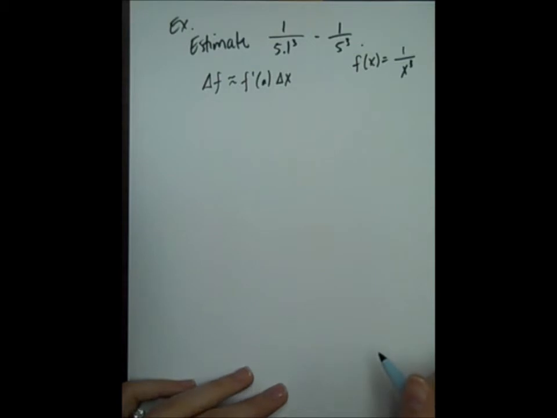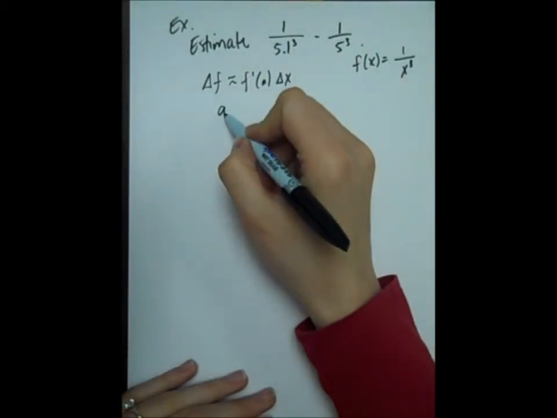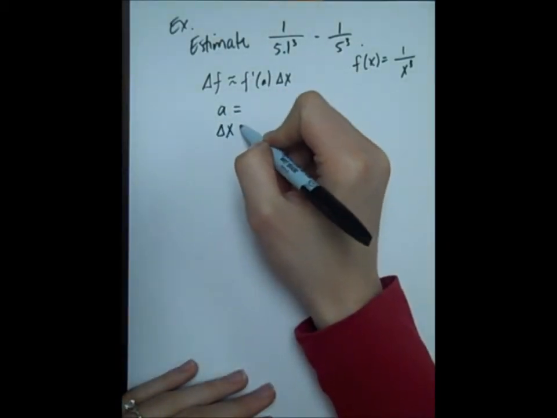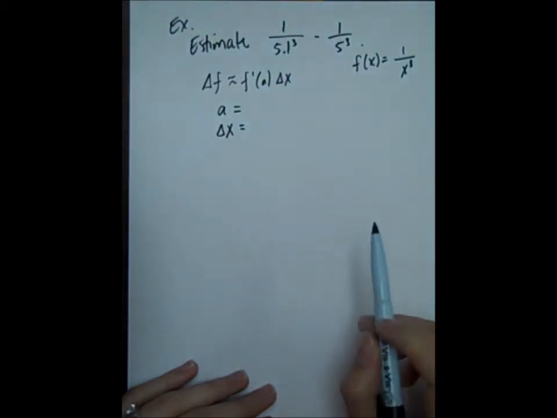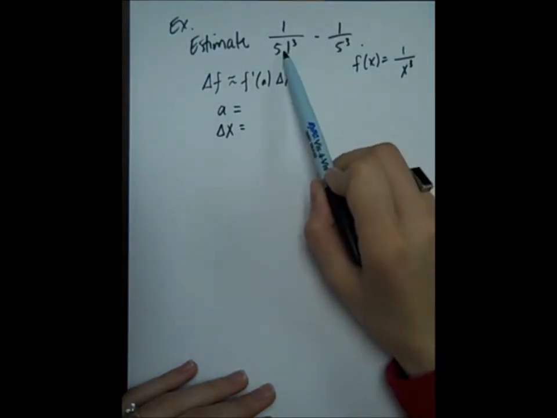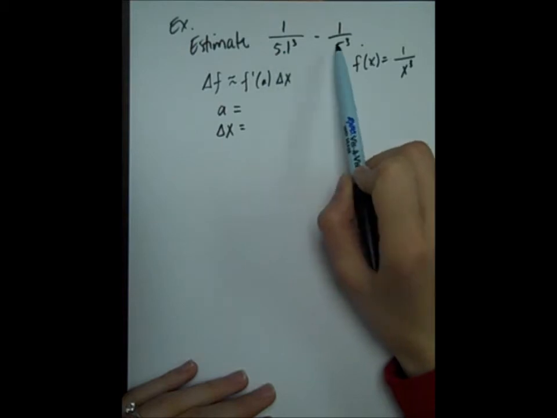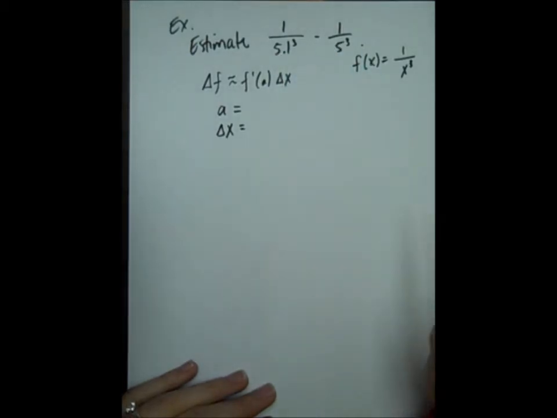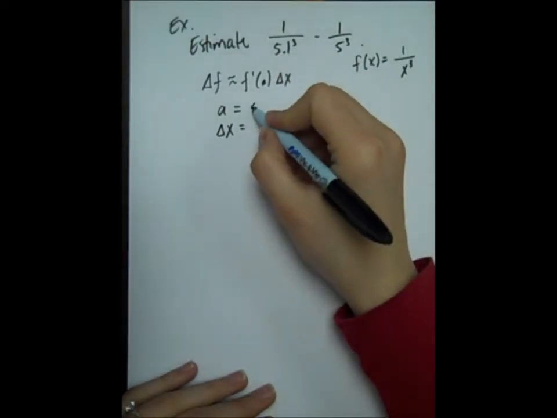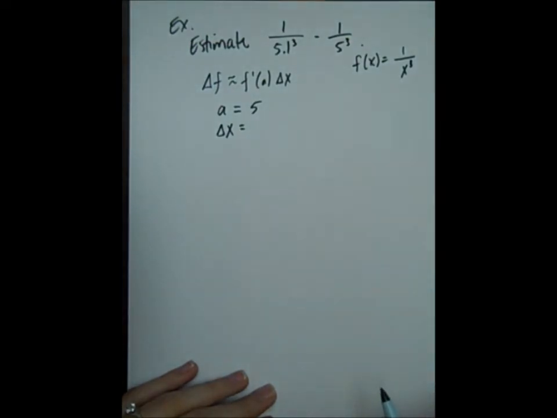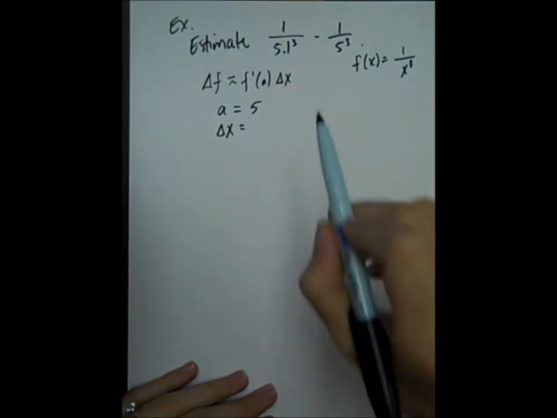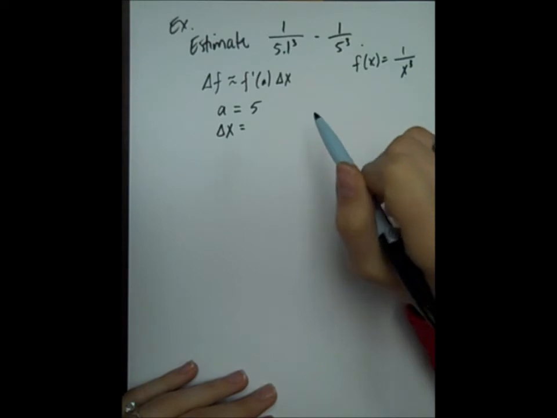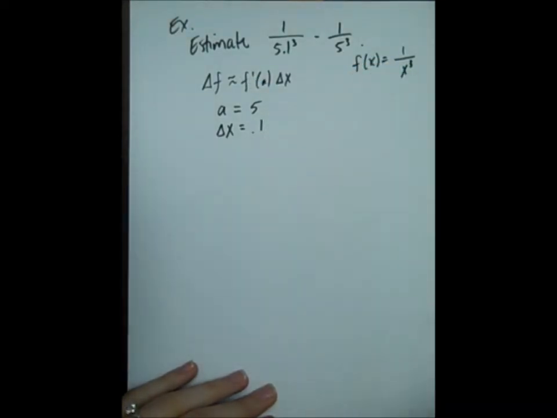Okay, now I need to know an a and I need a delta x. So the two numbers are 5 and 5.1. So you want to ask yourself, which one is going to be easier to plug in, 5 or 5.1? Answer there is definitely 5. Going from 5 to 5.1, moving 0.1. So my change in x was 0.1.